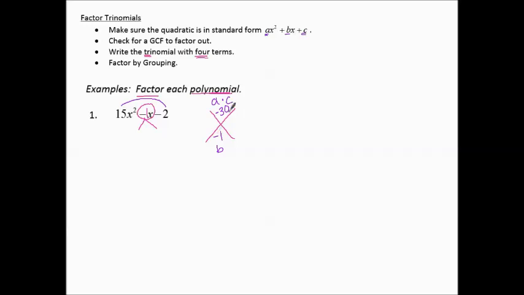So what I want to do is look at the factors of -30. So I got 30 by doing 15 times -2. Other factors of 30, I'm going to get 5 times -6, 30 times -1, 10 times -3.